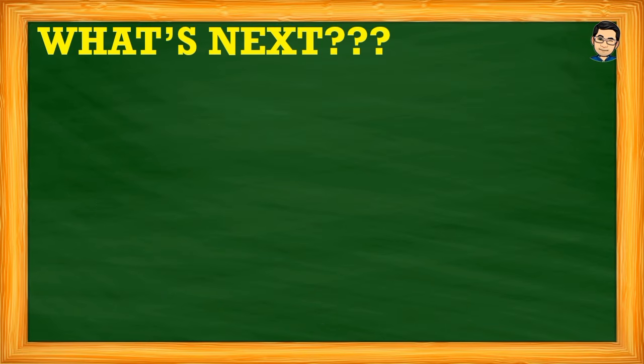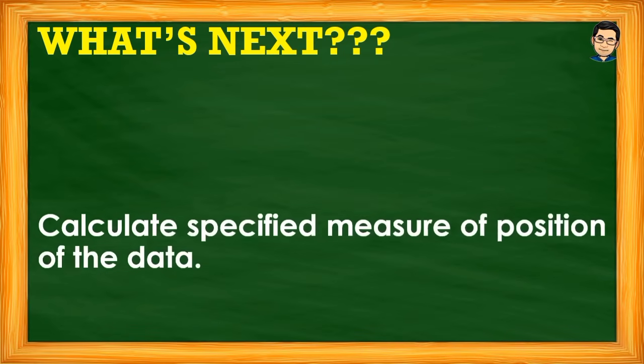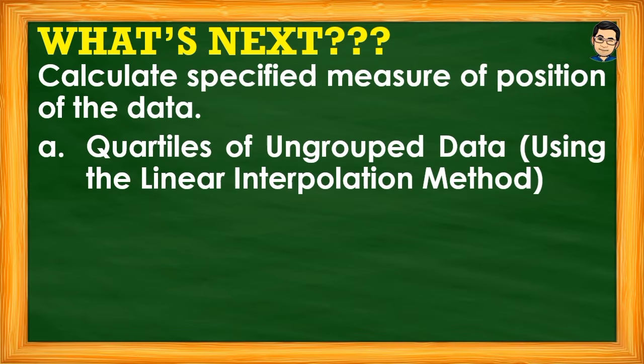So, after discussing the process of calculating the position of quartiles of ungrouped data using the Mendenhall and Sincich method, our next video lesson will be using the linear interpolation method.